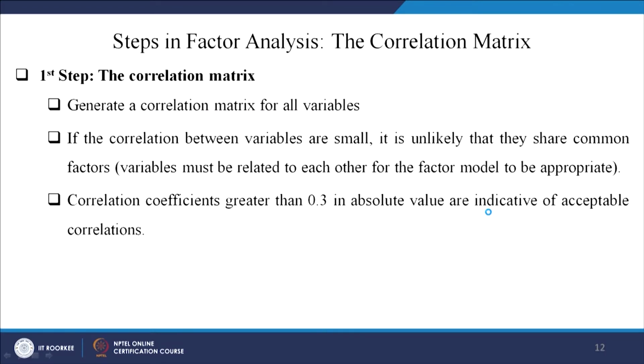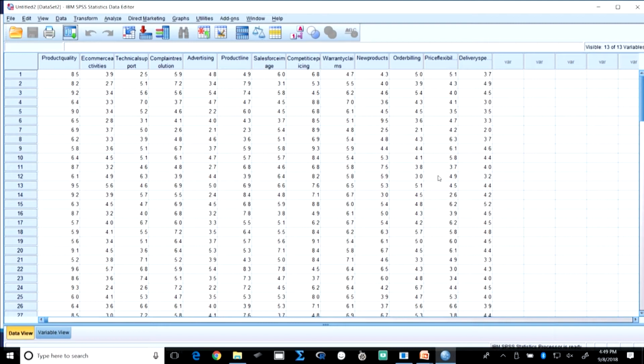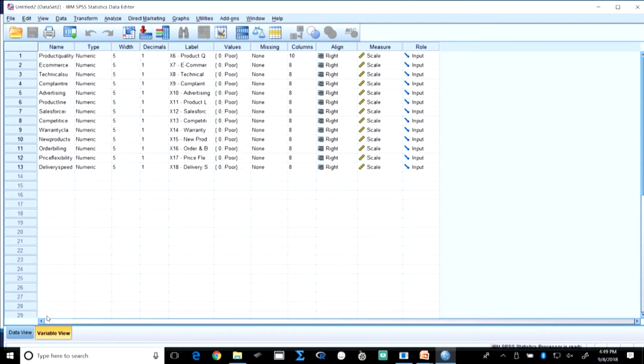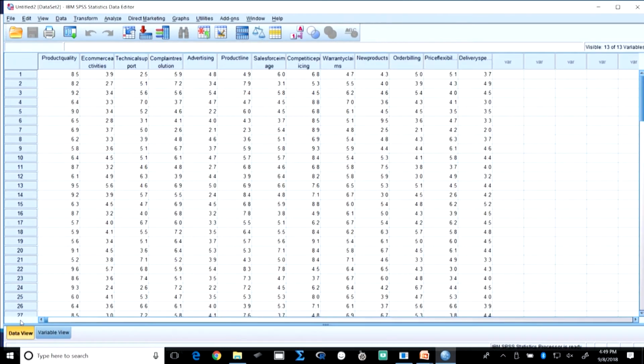So, let us start. The first step is to generate a correlation matrix for all the variables. For example, this is a data set I have brought. It has several variables: product quality, complaint, advertising, competition, flexibility, sales force image, warranty claims, new products, order billing.